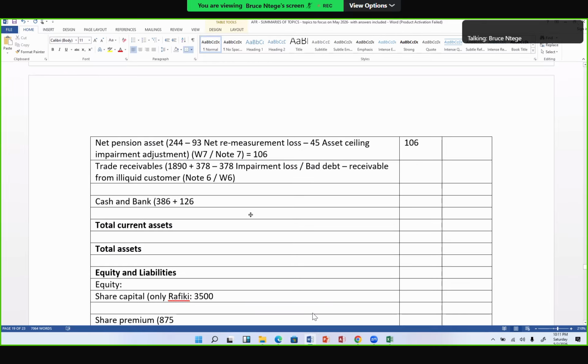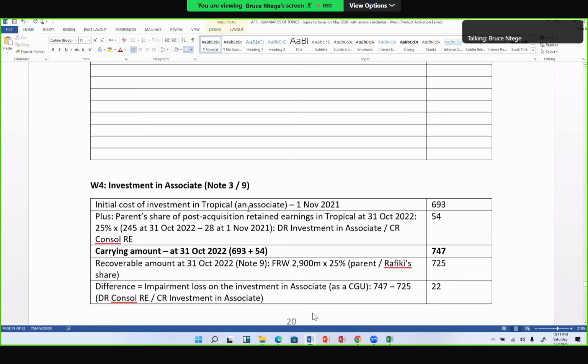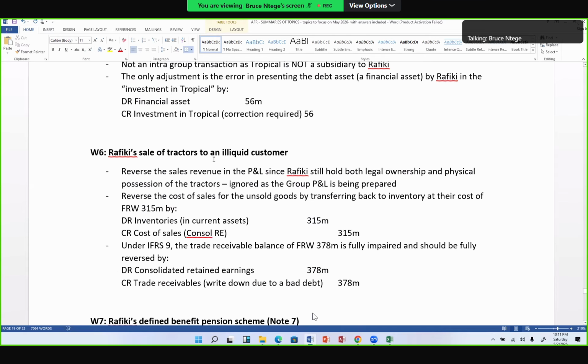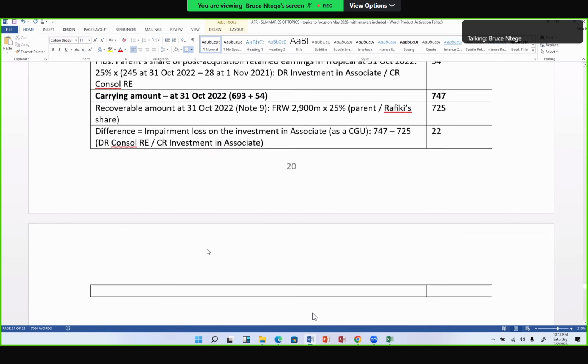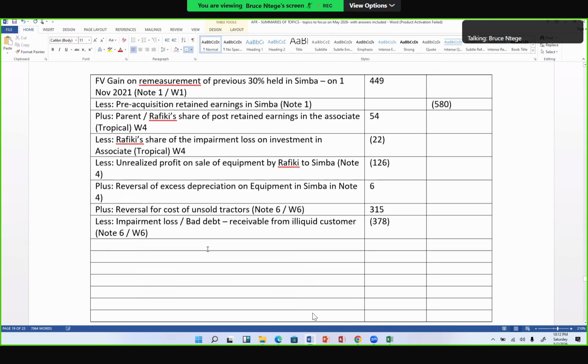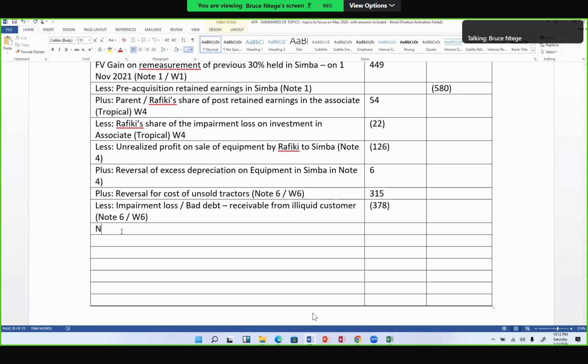Okay. Now, in that same table, there are corresponding entries we've not yet posted. Starting with the past service cost, I will go to the consolidated retained earnings and put the 202 as a debit. So remember, I have working 2, which is the consolidated retained earnings. Working 2 is here. I'll come in here to say that I have the net effect of Rafiki's defined benefit pension, which is coming from note 7 and working 7.